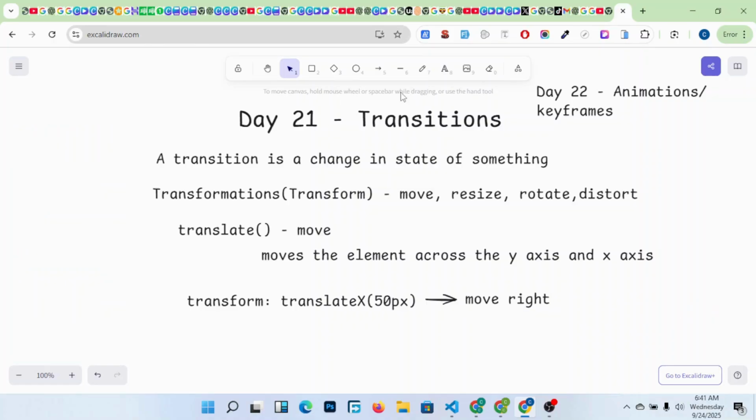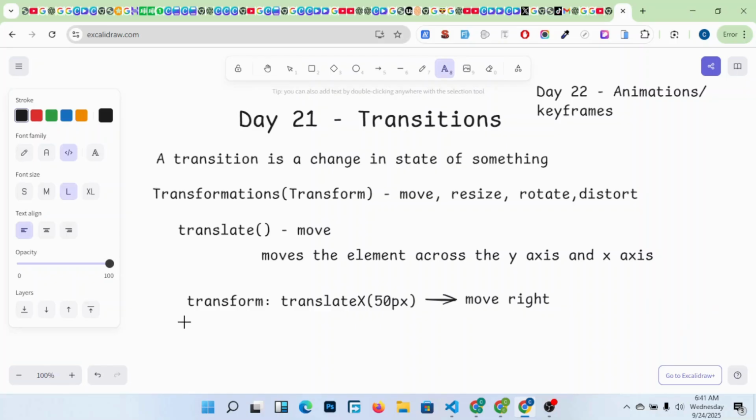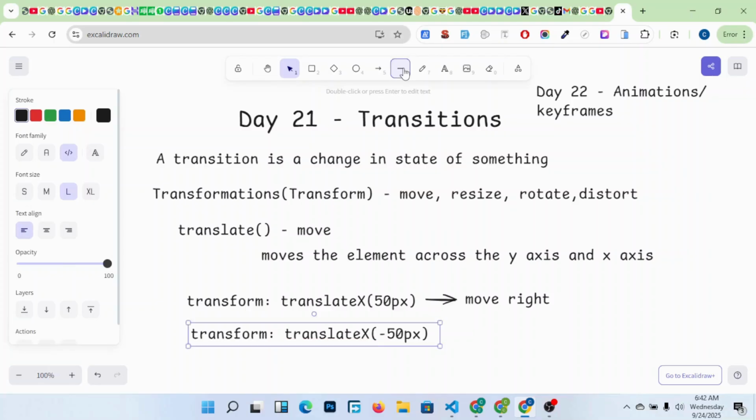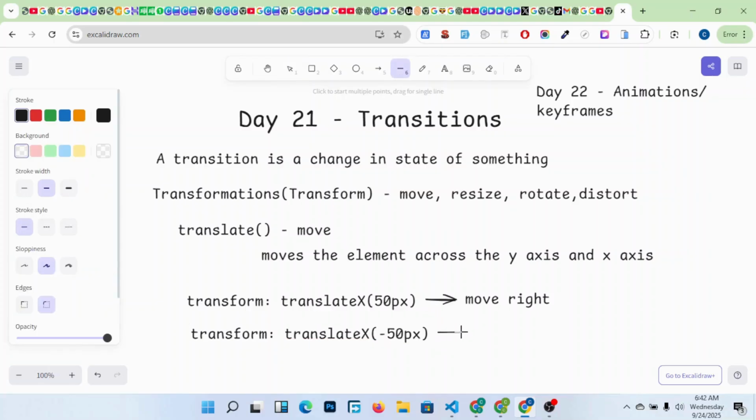So if I come here and say something like this, transform, and I say translate X, and I say negative 50 pixels. You remember, we are now dealing with the x-axis.